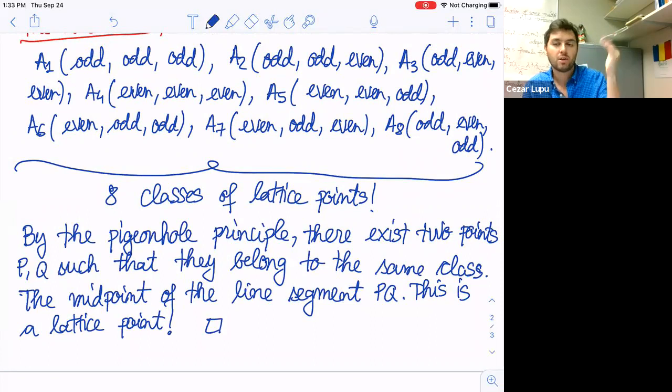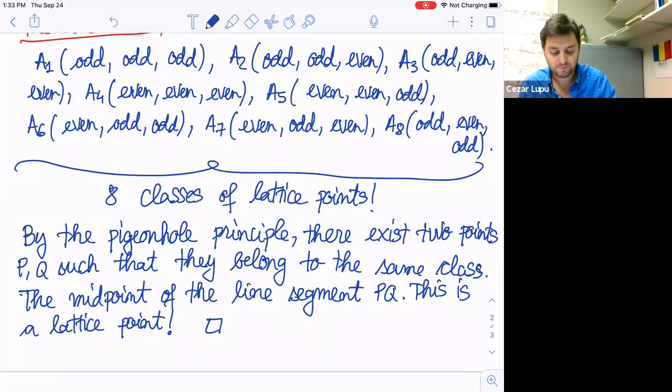So you add and divide by 2: odd plus odd is even, divided by 2, there you go. The same thing will happen if you pick, for example, A5, but you have to pick them in the same class, right? Same category of lattice points. You cannot pick P from A1 and Q from, I don't know, A8.